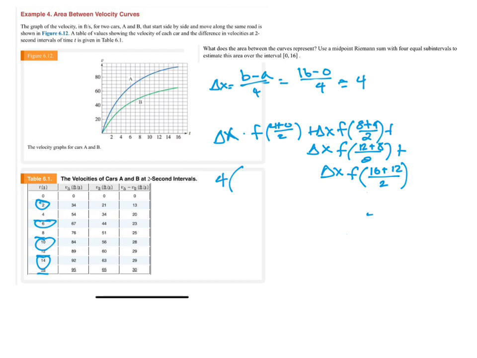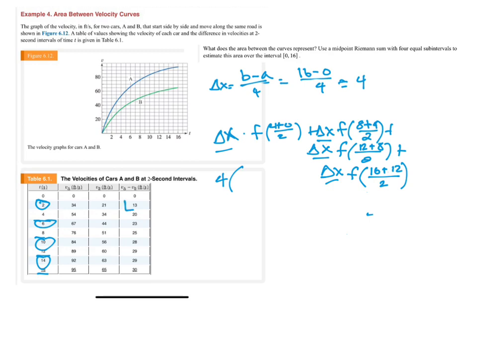That's how you decide what numbers to use. It's harder on paper than it is to just split them. Once you know what numbers to use, delta x is the same every time. So that's the 4. I'm saying factor that guy out, and use f of 2, since 4 over 2 is 2.